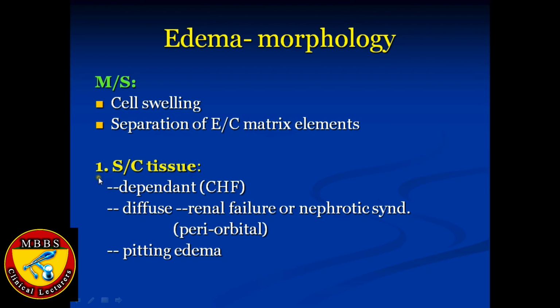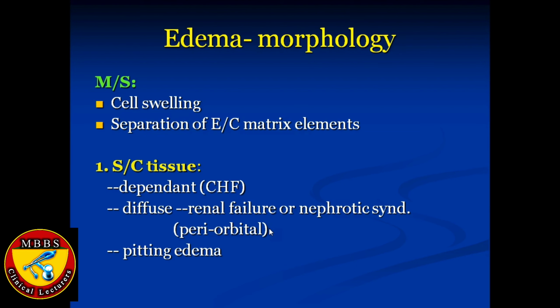Taking up subcutaneous edema, it is mostly, as you have already pointed out, seen in the dependent regions of the body, and may be encountered in congestive heart failure or in cases of renal failure and nephrotic syndrome as well. This edema due to renal abnormalities mostly appears in the periorbital region first, because the periorbital tissue is loose connective tissue and the fluid tends to accumulate there.